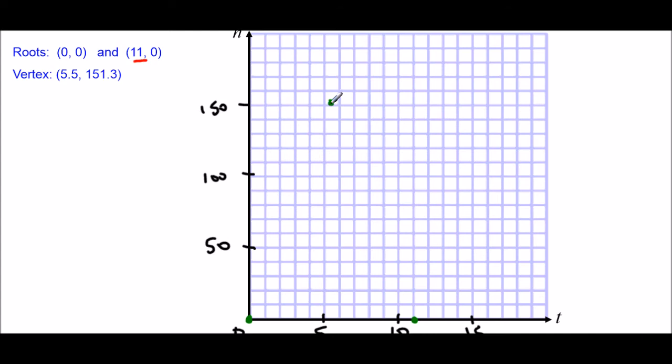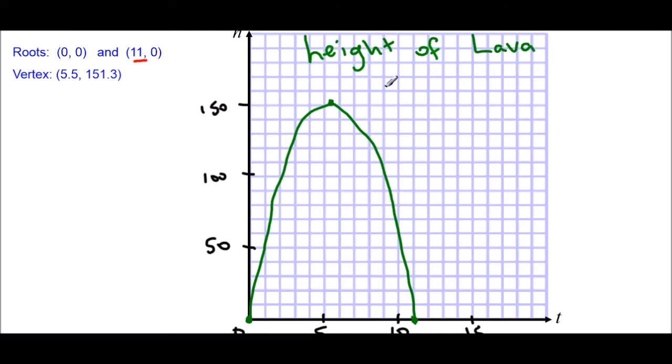I'm pretty good on the chalkboard, but bear with me as I try to draw a reasonably accurately shaped parabola. So, you know, my symmetry is bad. I got these wobbles, but whatever. You get the idea, right? There's a somewhat nice graph representing the height of lava versus time.